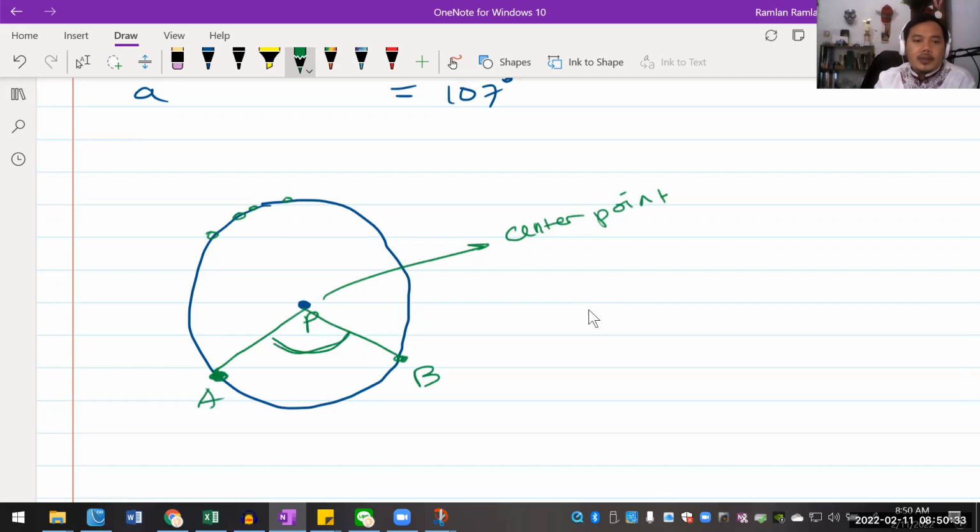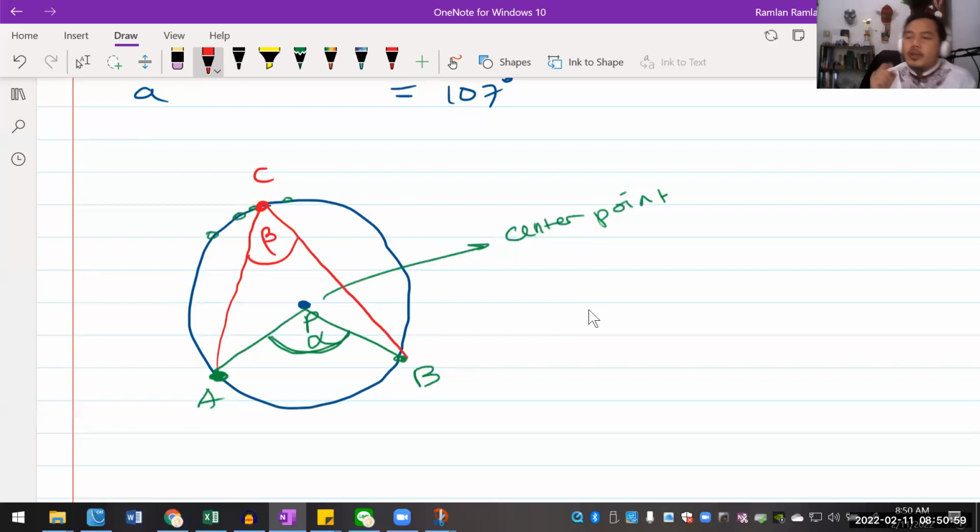Let's say this angle is alpha. Then I'm going to make another point somewhere on the top, name it C, and connect A to C and also B to C. I'm going to name this angle beta.